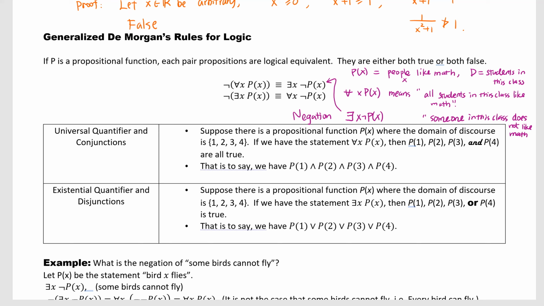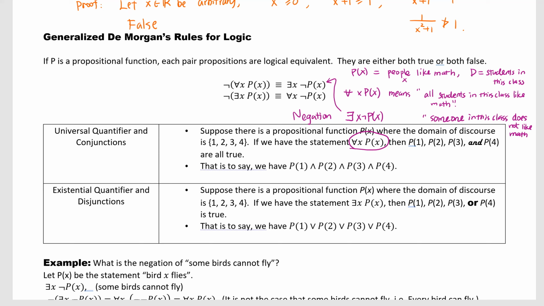Because we require all of them to be true, we have the conjunction: P of 1 and P of 2 and P of 3 and P of 4. So this is the relation between universal quantifiers and the logic operator, the conjunction. So far, so good, everybody?